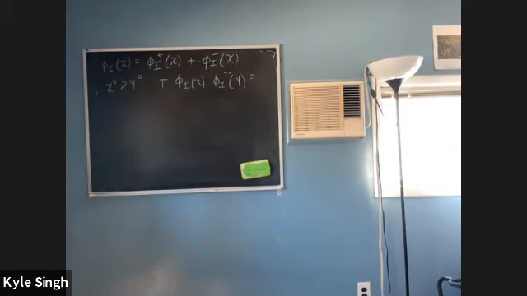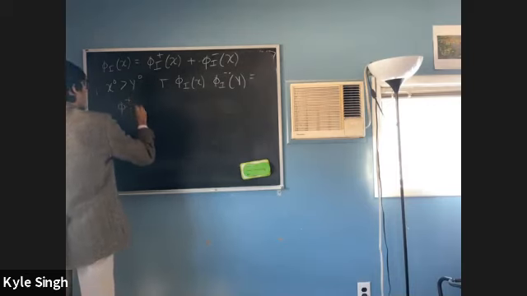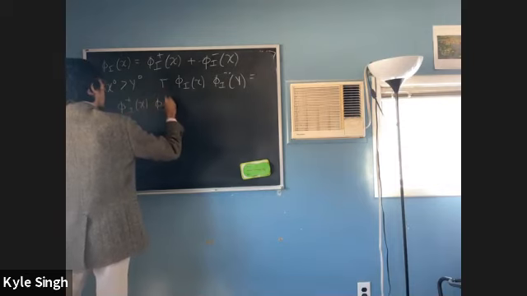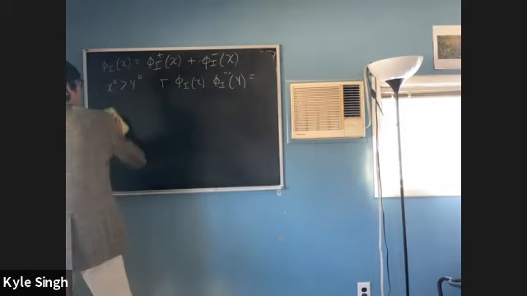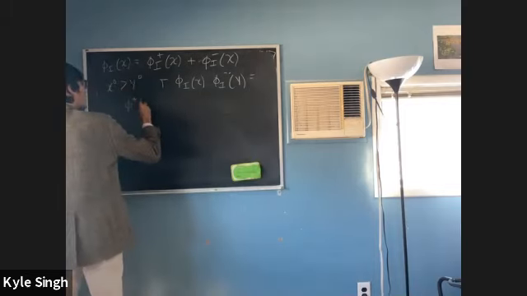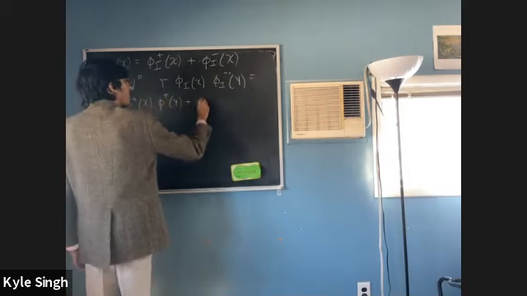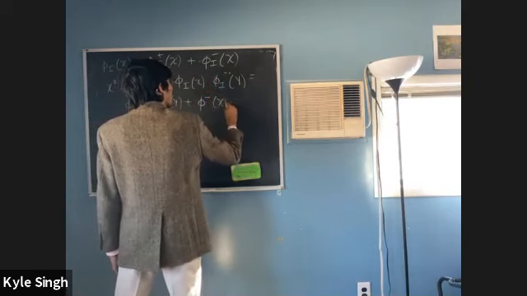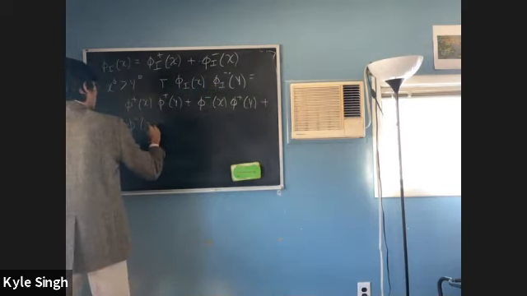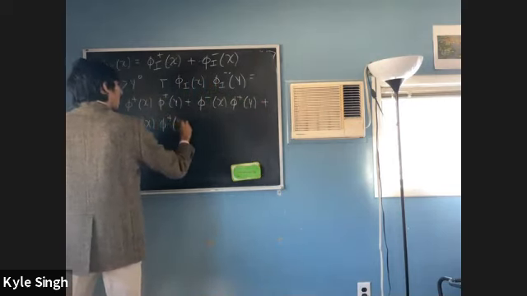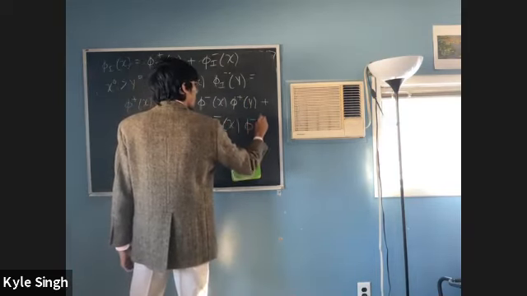And so what do I get? I get phi plus of x, phi I. Can I drop the i's? Can we make it implicit that we're in the interaction picture, so it's just simpler. So I have phi plus of x, phi plus of y, plus phi minus of x, phi plus of y, plus again phi minus of x, phi plus of y, plus phi minus of x, phi minus of y.